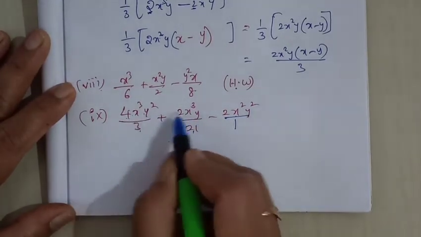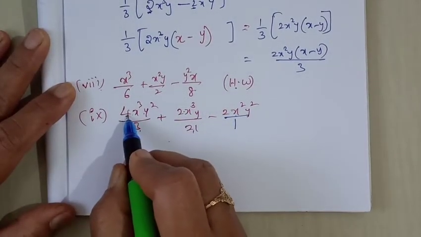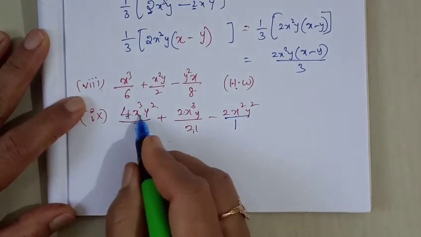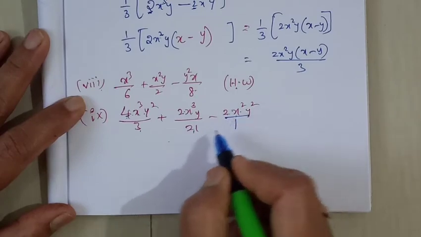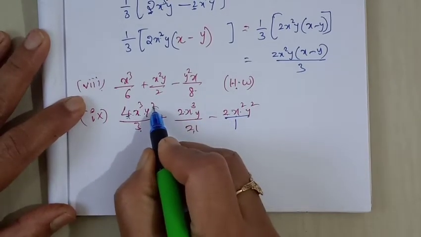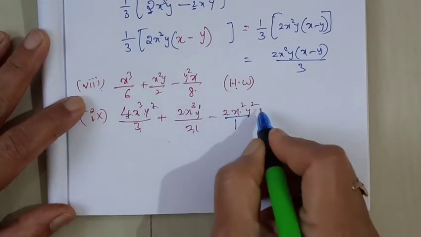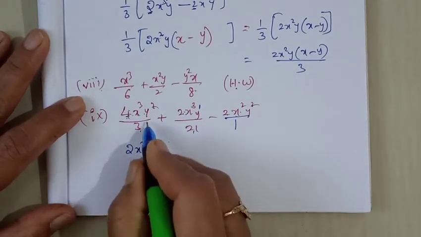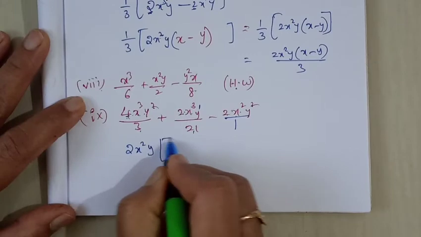So now from each term we can check 2x square. Okay, 2x square, 2x square, 2x square. Y here y square, and 1 power, and 2. So 2x square y will be taken out.